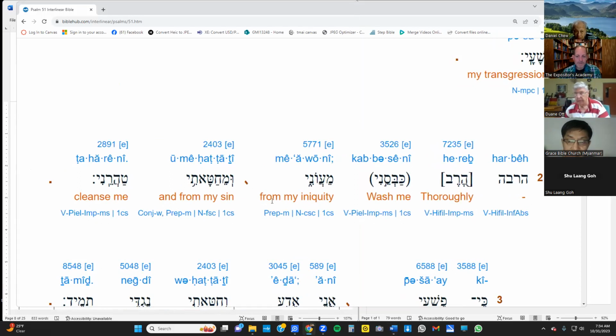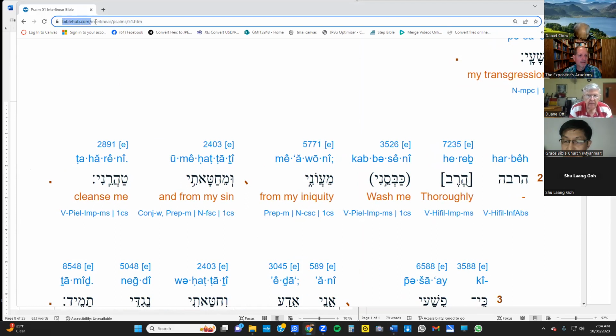So in the original Hebrew text, there is a chiasm. All right. So that's how you can find it from the Hebrew text. Even if we don't speak Hebrew, we can use this tool, this interlinear. This is BibleHub.com, interlinear. We can use this tool as a way to help us see this.